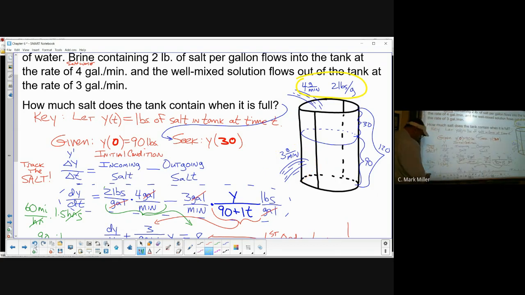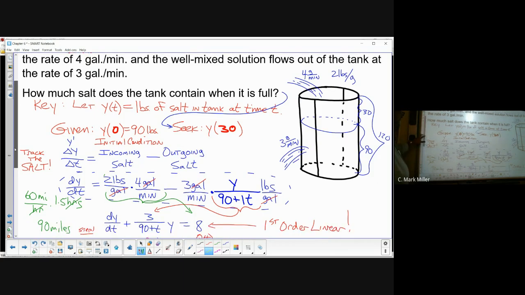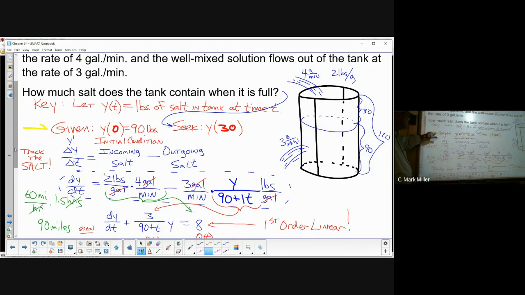And so from there, you're setting up a differential equation. Oh, very important right here. You write down the information you are given in the problem. You're told that there are 90 pounds of salt in the liquid at the beginning. So y of 0 is 90.